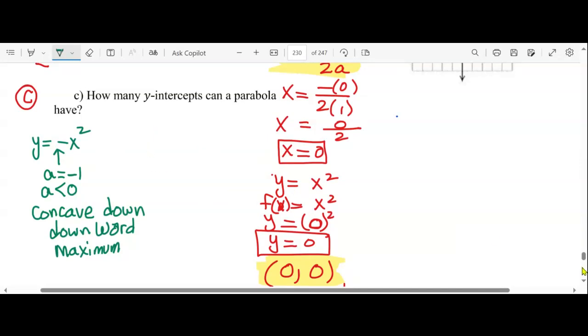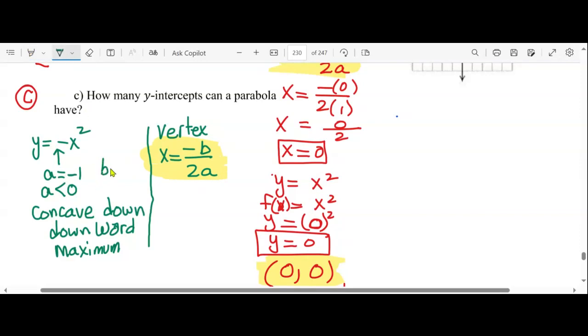Now to get the vertex for this, what should I do? How can I get the vertex? x equals what? Yeah, -b over 2a. That's the formula, right? So how much is b here?